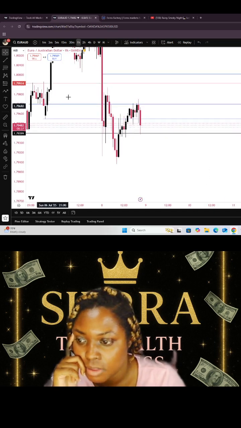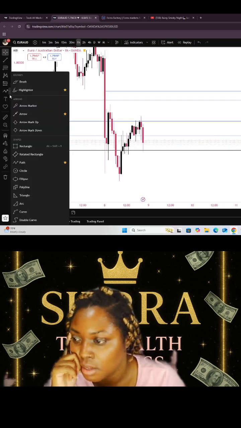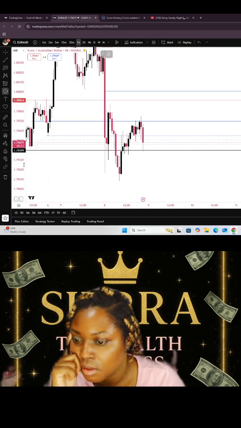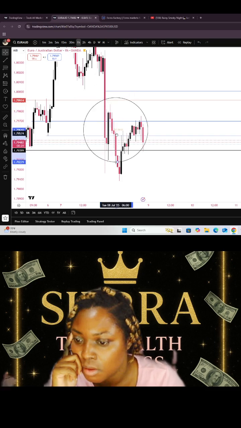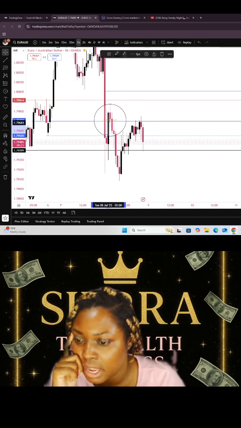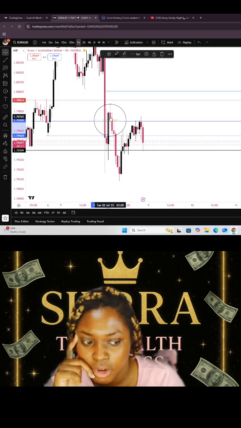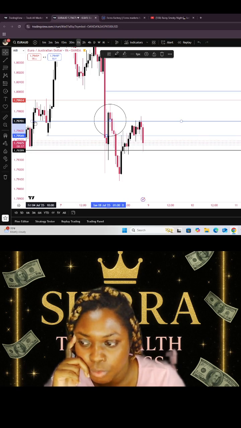That's my third confluence. This bullish candle, this doji candle, and this bearish candle on this blue line, which is 50% of my fair value gap. That's my third confluence.